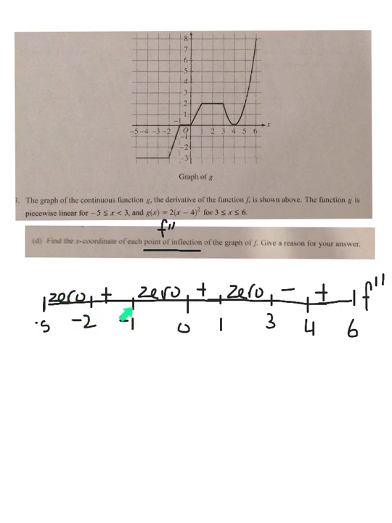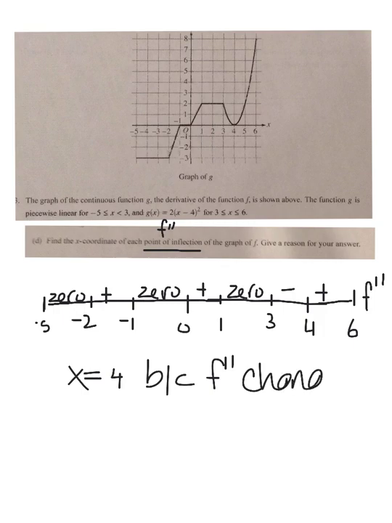The same thing here, the same thing here, the same thing here, and the same thing here. So the only value where you do have a sign change would be at x equals 4. Okay, so then your answer simply would be x equals 4, because f double prime changes sign about this point.